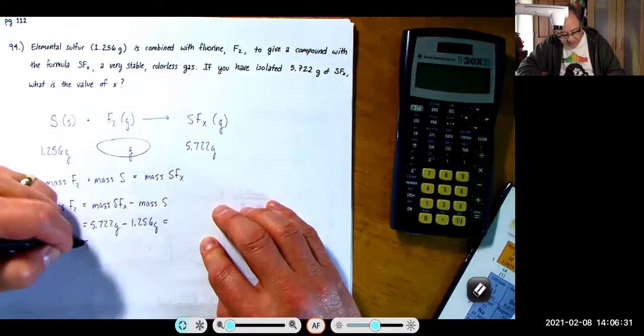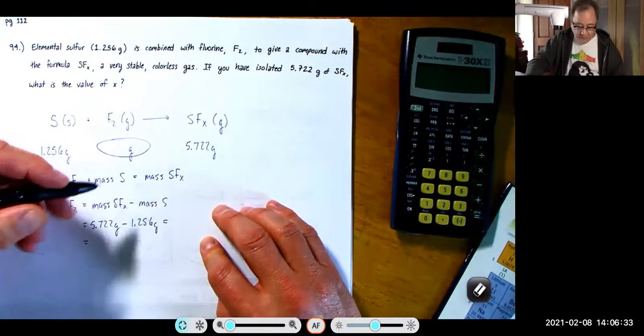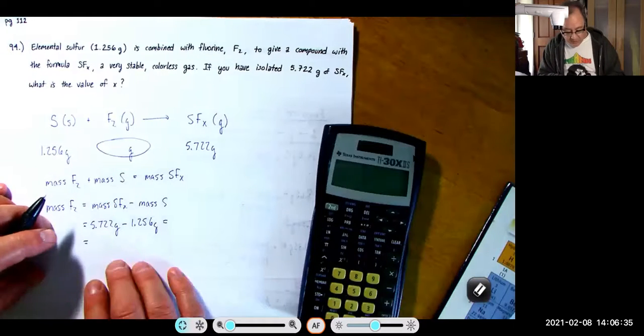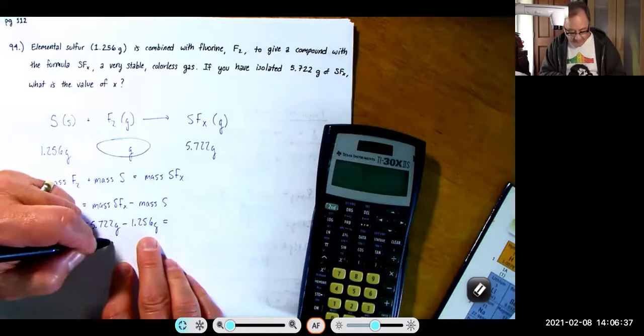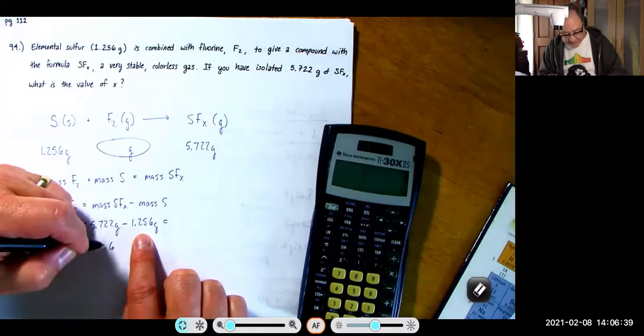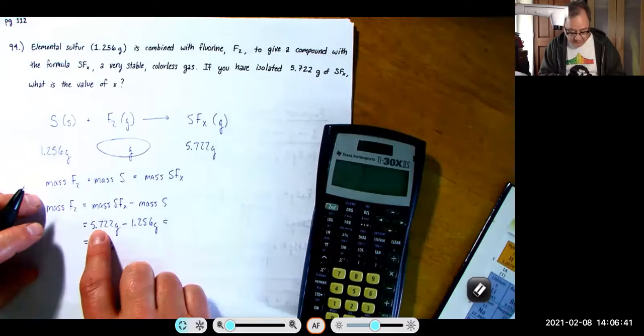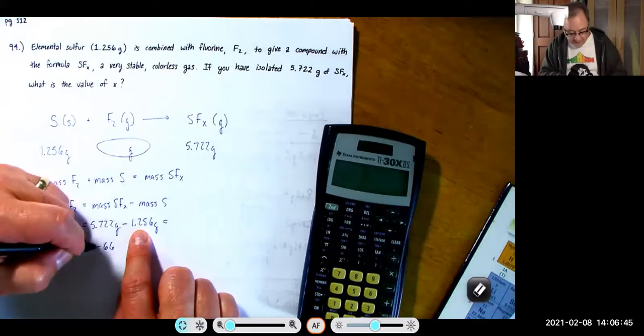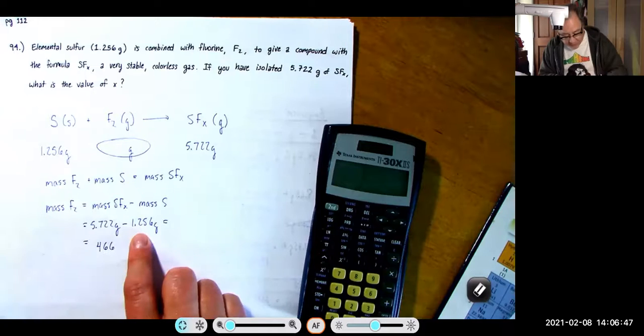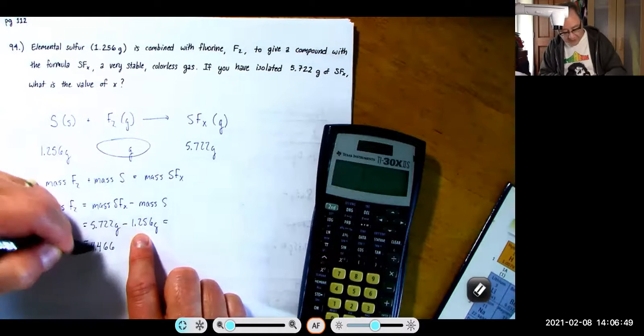So 12 minus 6 is 6, 11 minus 5 is 6, 6 minus 2 is 4, and 5 minus 1 is 4. So 4.466 grams.